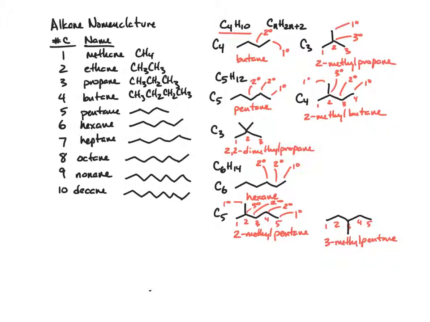And so if we classify these, we have primary, secondary, tertiary, and primary. So in addition to figuring out the unique type of hydrogen, we can also classify them. And that's, again, important when we start doing radical chemistry. So we've exhausted our C5.